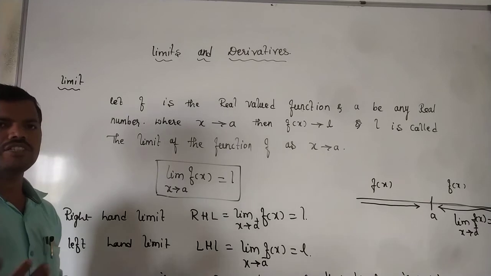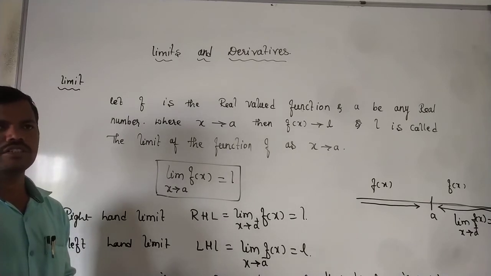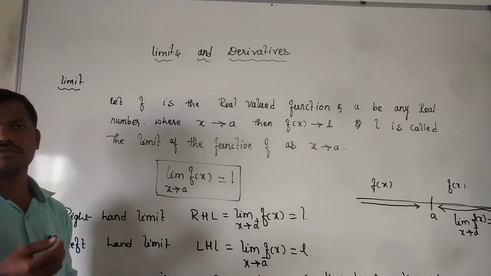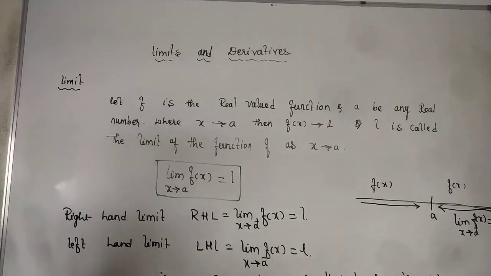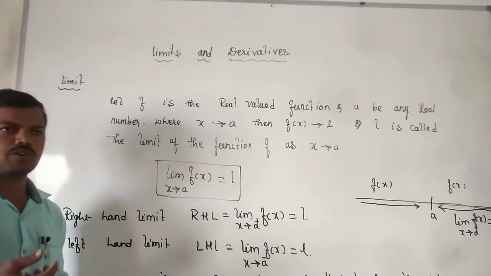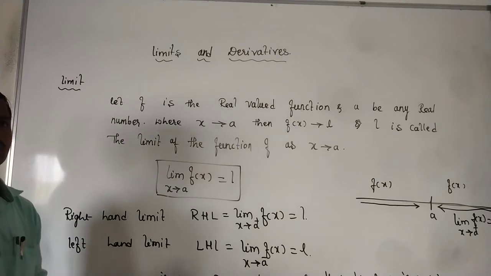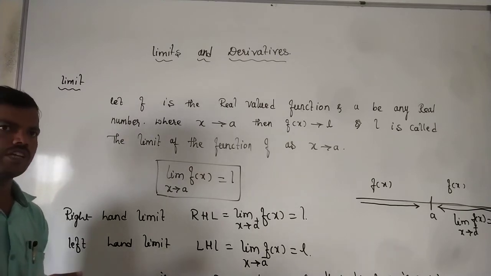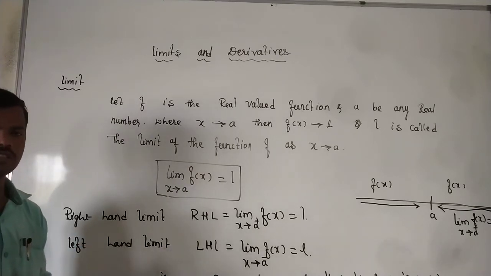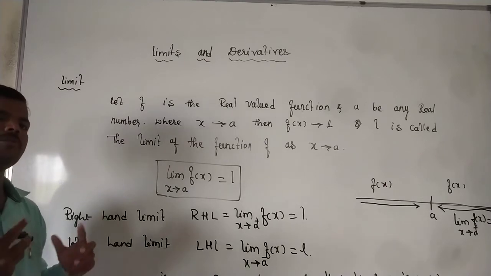Suppose we have the sum of two functions: the limit of the sum of the two functions, the limit of the difference of the two functions, the limit of the product of two functions, and the limit of the quotient of two functions. So what do we mean by the limit?